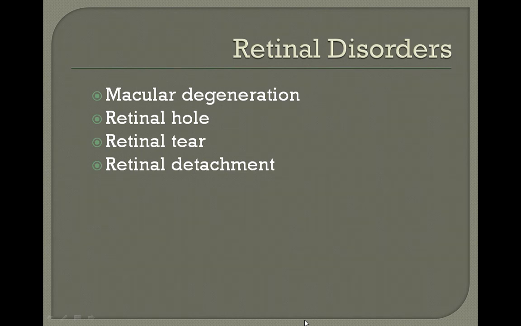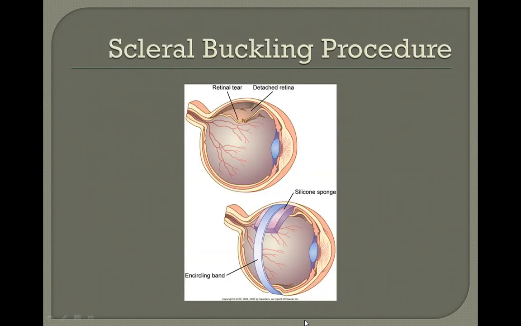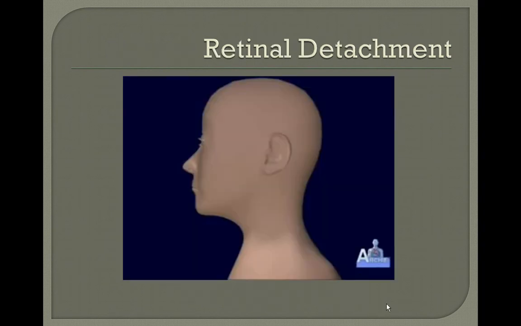So we want this person to rest while they're waiting to have surgery. And so scleral buckling is one of the procedures that's discussed in your book for treatment of a retinal detachment. So make sure you read over that and care of the patient after retinal detachment.